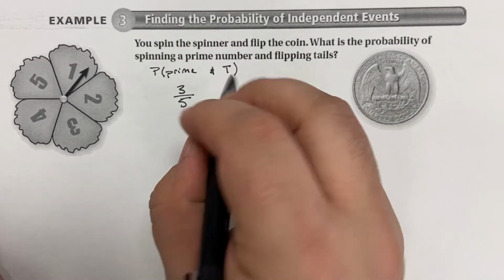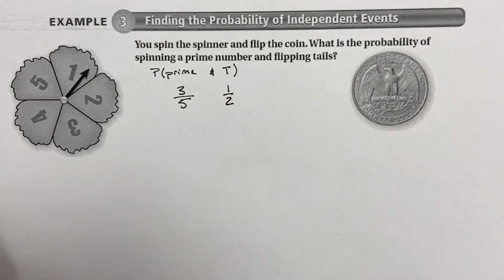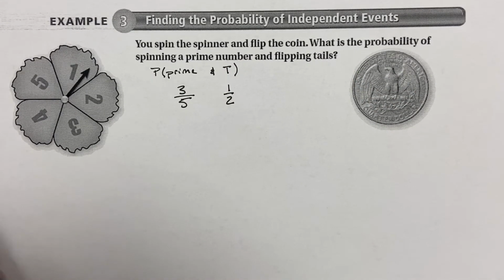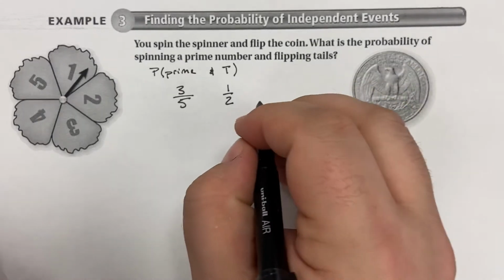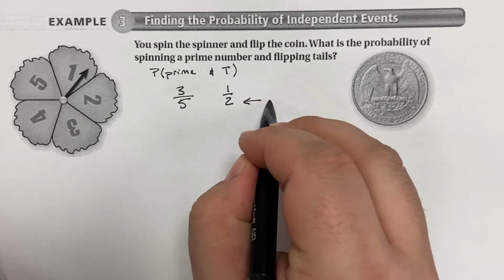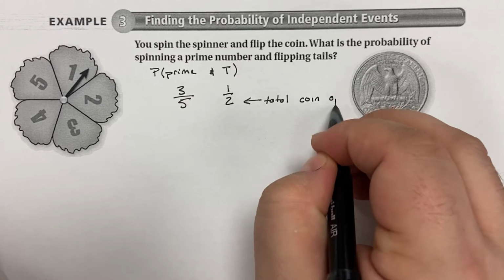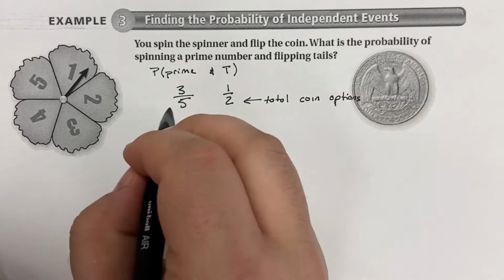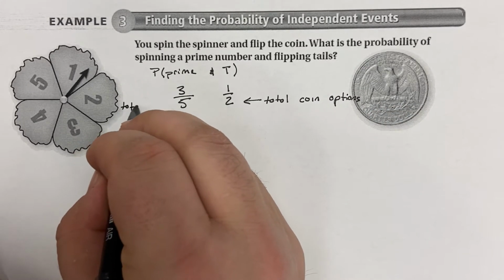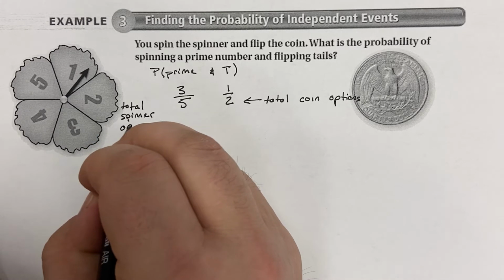And then the probability of flipping tails is 1 out of 2, because you either get heads or you get tails. 2 options. One of them is what we're looking for. So we can look at the formula. You know what, I do feel like on this one we should go ahead, total coin options, total spinner options.